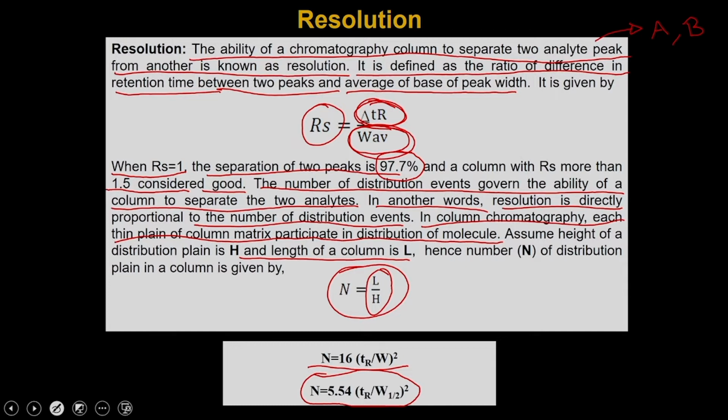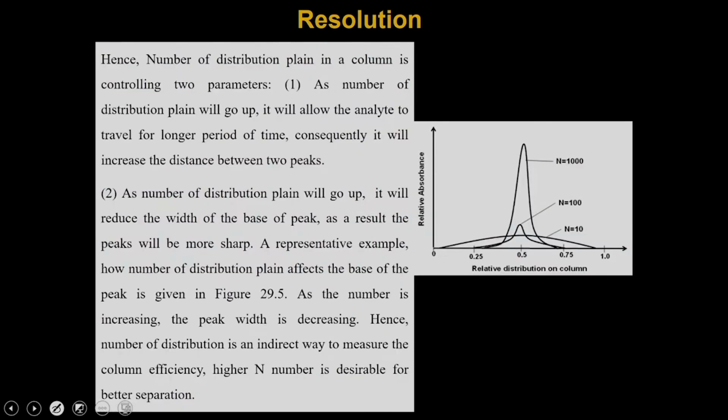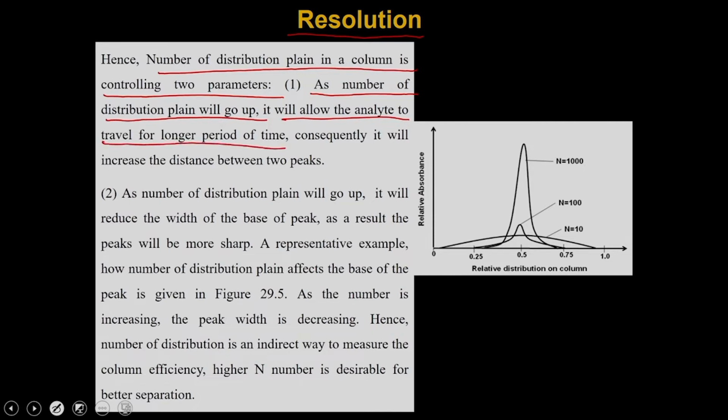Let us see how the distribution planes are going to improve the resolution of a column. The number of distribution planes in a column is controlling two parameters. As the number of distribution planes goes up, it will allow the analyte to travel for a longer period of time.